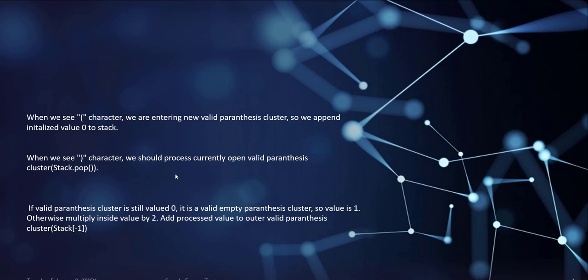So basically we will do a stack pop, and if the valid parenthesis cluster is still valued 0, it is a valid empty parenthesis cluster, so the value is 1. Otherwise, we multiply the inside value by 2, and we add the processed value to the outer valid parenthesis cluster, which is stack minus 1.